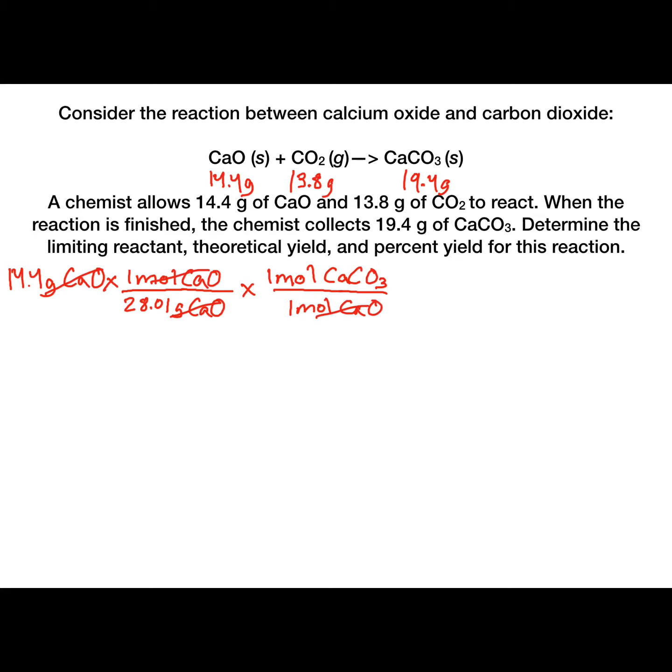Now we need to convert our moles of calcium carbonate into grams. For every 1 mole of calcium carbonate, there is 100.09 grams, and that is the formula mass. So we have 100.09 grams of our calcium carbonate per mole.